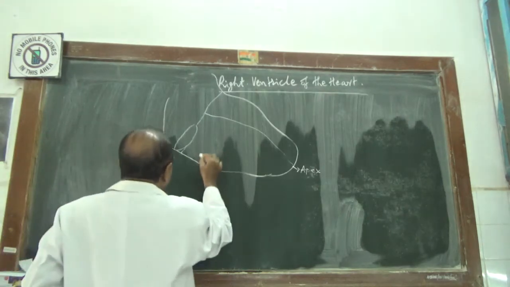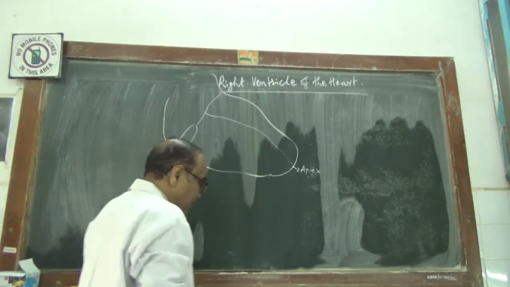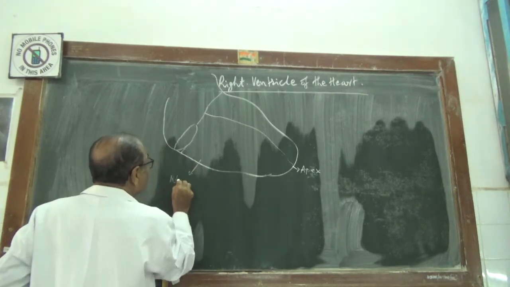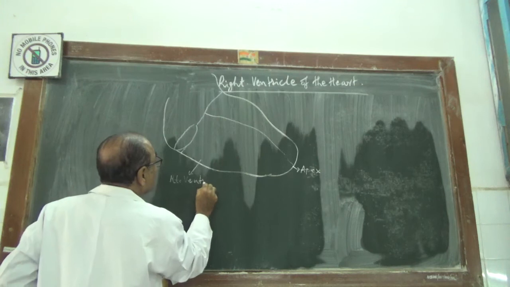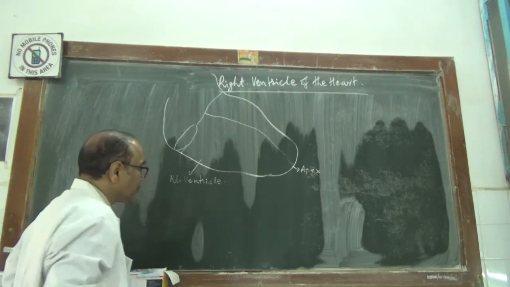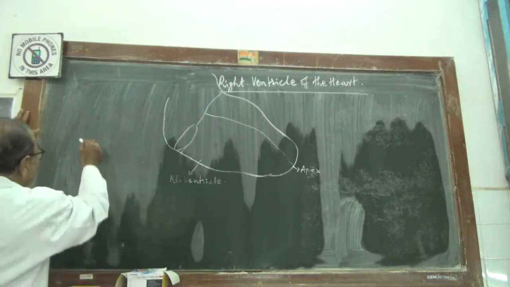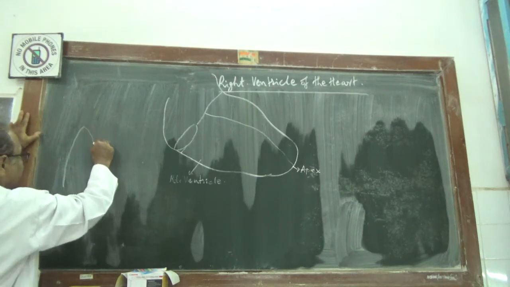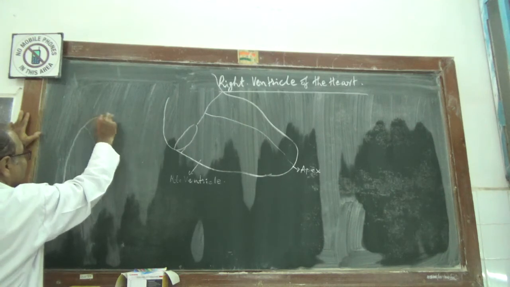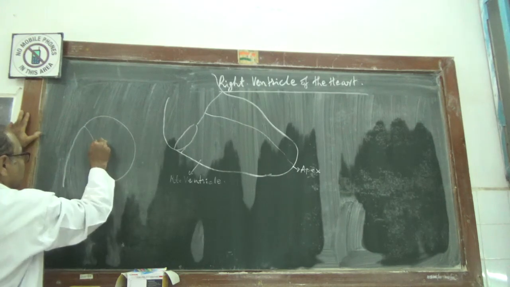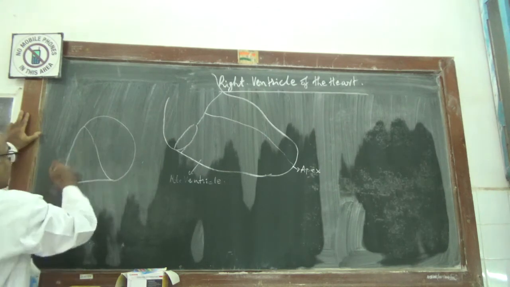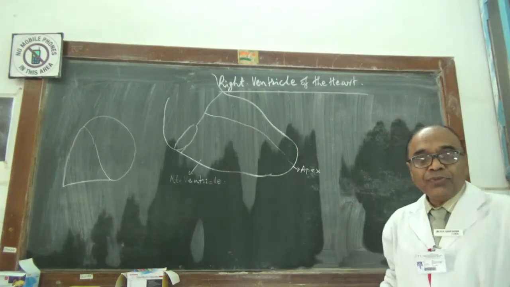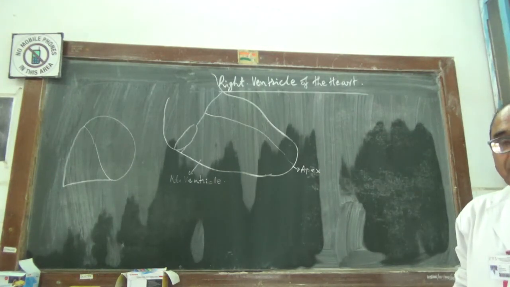Now this right ventricle is almost triangular in the transverse section of the entire heart as such.